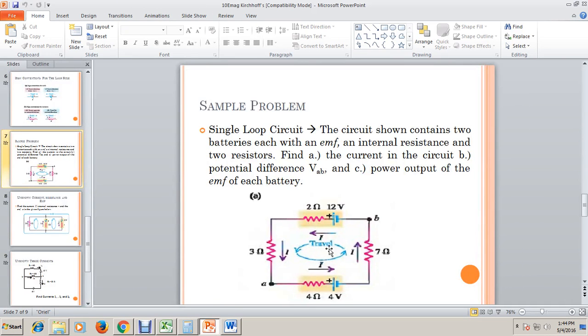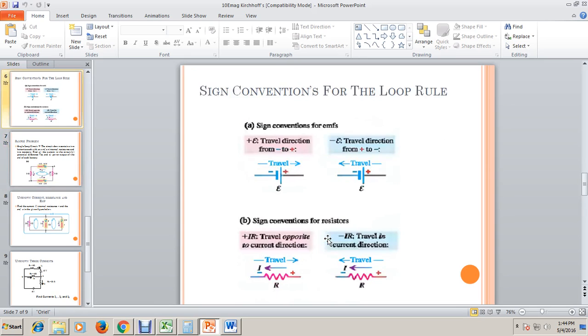Okay, next, let's have the 2 ohm resistor. In order to get the sign of the voltage for the 2 ohm resistor, we consider the sign conventions for resistors. The sign convention is based on the direction of the travel assigned and the direction of the current flowing through the given resistor.